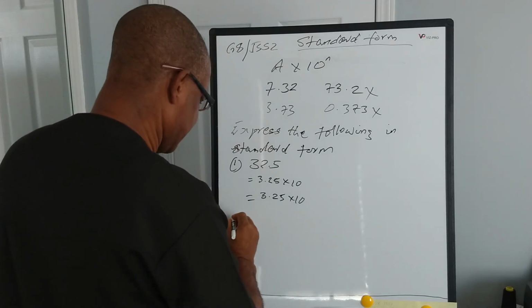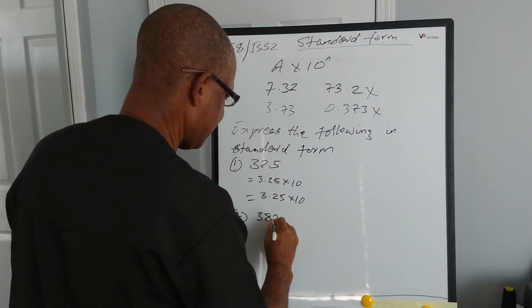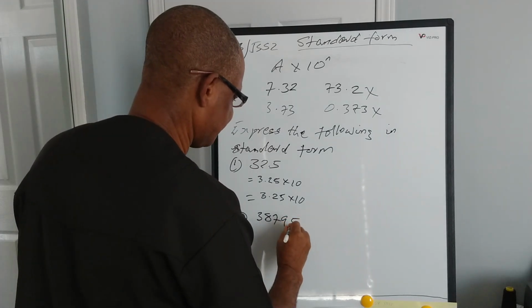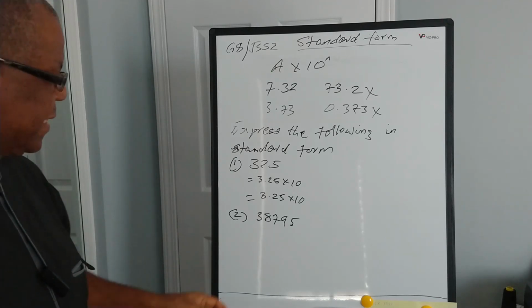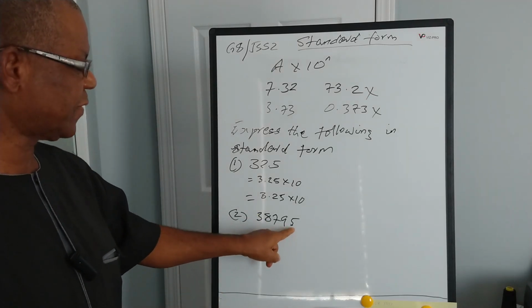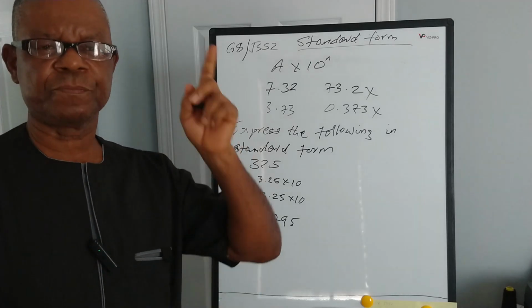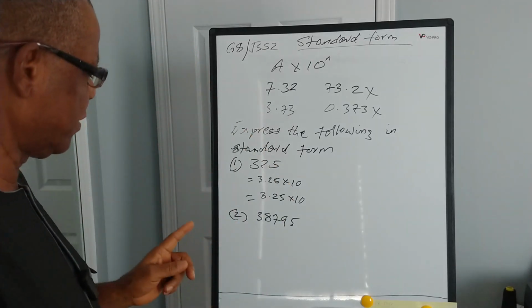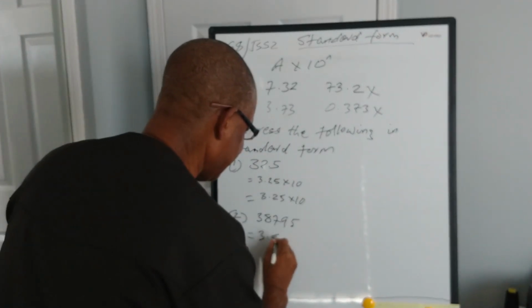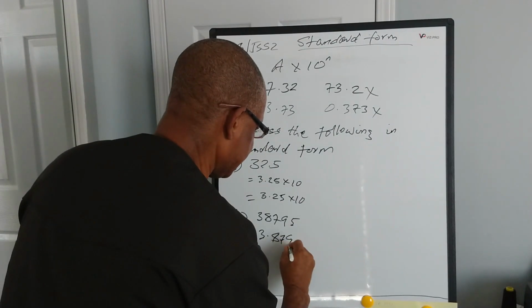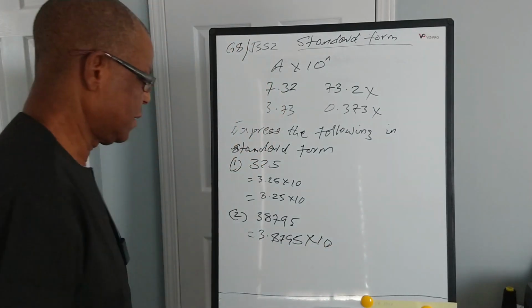We can be asked to express number 2, 38795, in standard form. You can agree with me that it is 1, 2, 3, 4, 5 digits, so it's not in standard form. Standard form, as I said, must be one digit before the decimal point. So this automatically becomes 3.8795 times 10 raised to power.